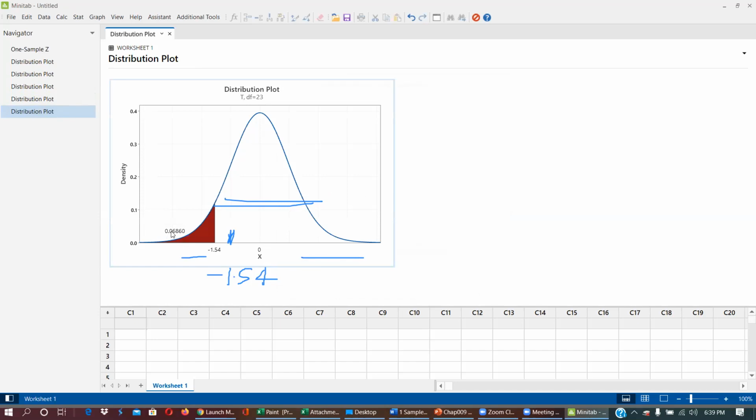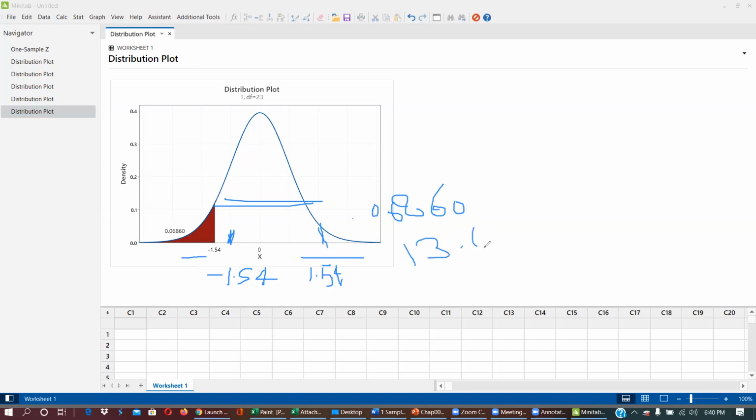So this side is 0.0686. And if this is minus 1.54, this is also 1.54, so this side is also 0.0686. How much is this value going to be? 0.0686 means approximately 13.6% if I do this.